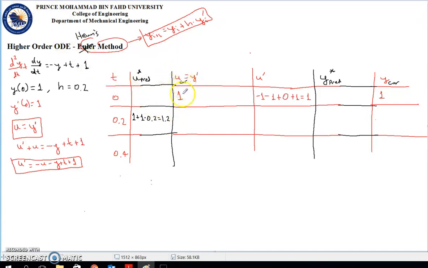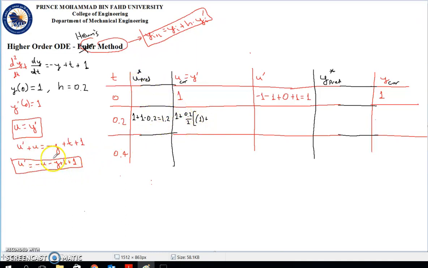Now, the u corrector will be the u at the previous time, 1, plus the step over 2, 0.2 over 2, multiplied by the slope at the previous time, so u prime is 1, plus the slope at this time calculated from u star.